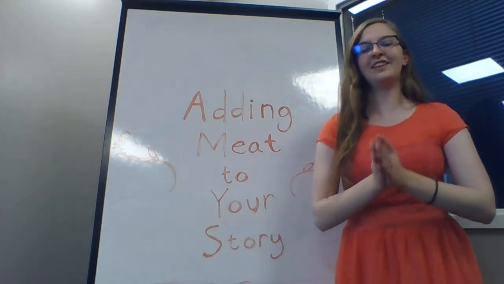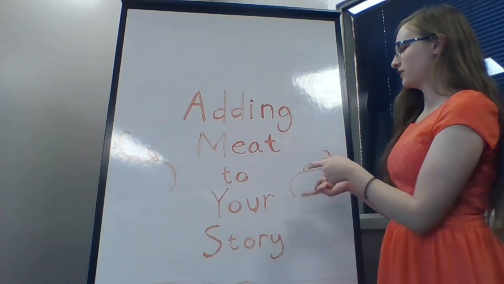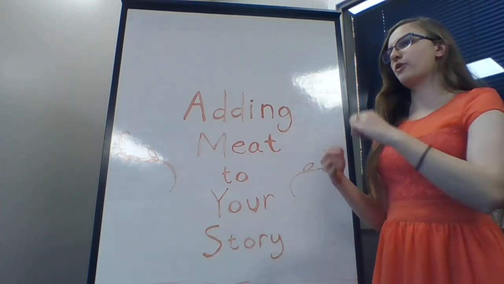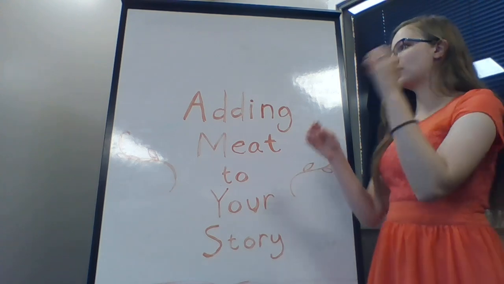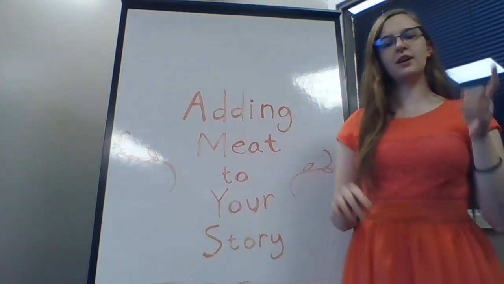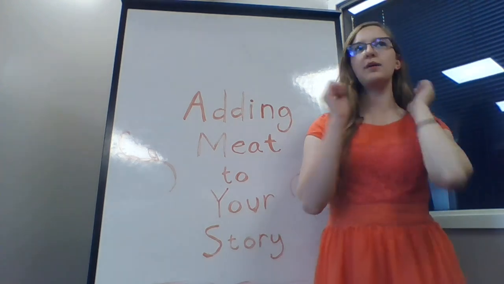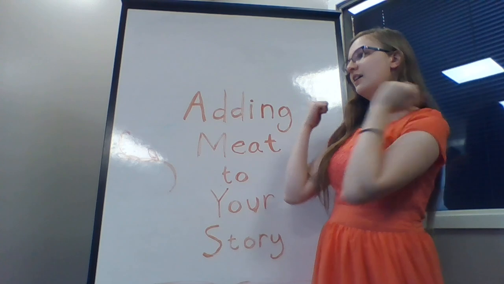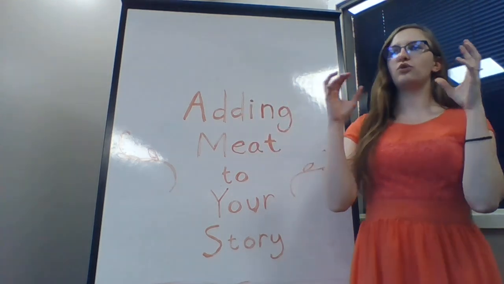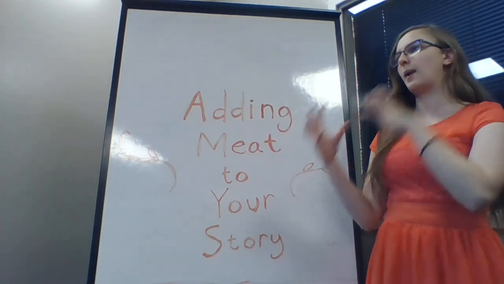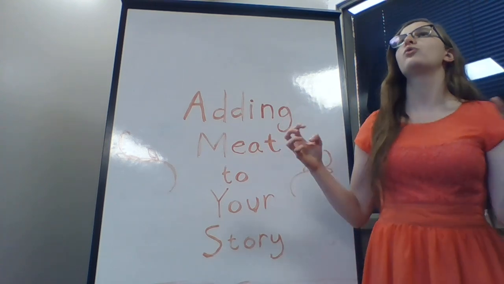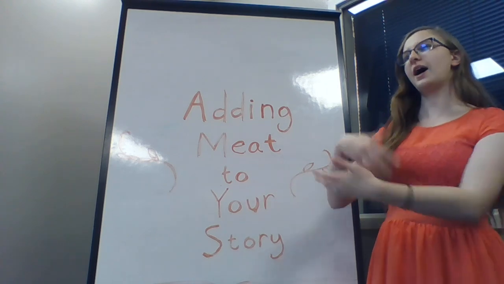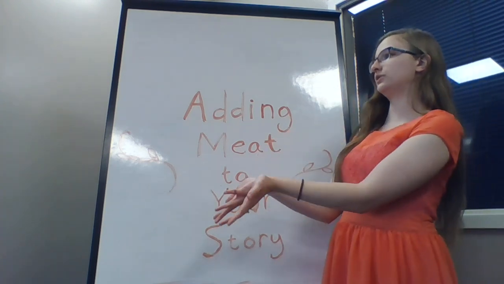Hi! So, as a result, I'm first going to define this, because I know not everyone knows what adding meat to your story means. Adding meat to your story is basically when you take it from the bare bones of a basic character who wants to do X, a plot that is going to go in this general direction and have this general goal, and general scenes that have a semi-purpose, and fully flesh it out into a world without just adding more bare bones to your bare bones.